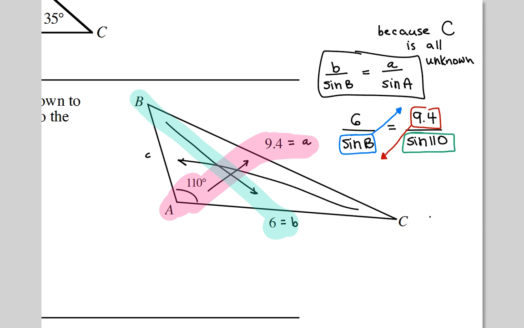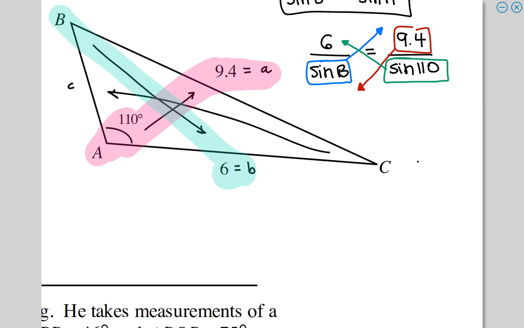Where is that going? Top left. Okay, now rewrite it after the cross multiplication. On the left, you'll have 6 times sine 110 all over 9.4, and this equals sine B.